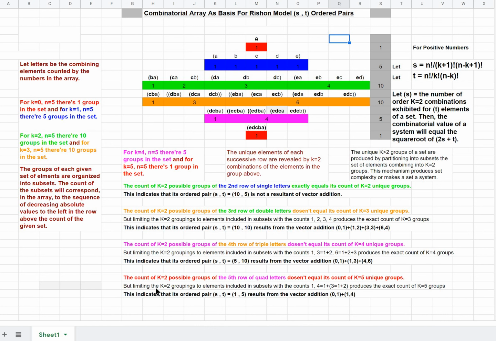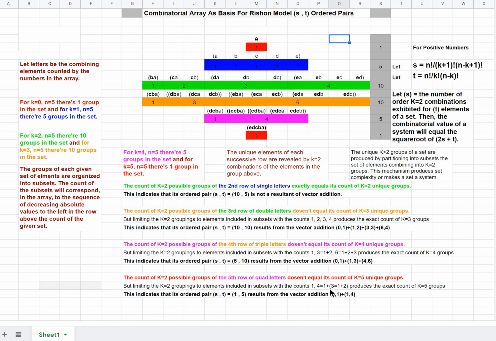And if we investigate the remaining group, we will see that as there are the number of partitions, there are 2 ordered pairs and 2 vectors adding to generate its combinatorial value. In this case, we have the 1, which will give us 0 for S and 1 for T. And then we have the 4, which is divided into a group of 1 plus a group of 3, which is divided into a group of 1 and 2.